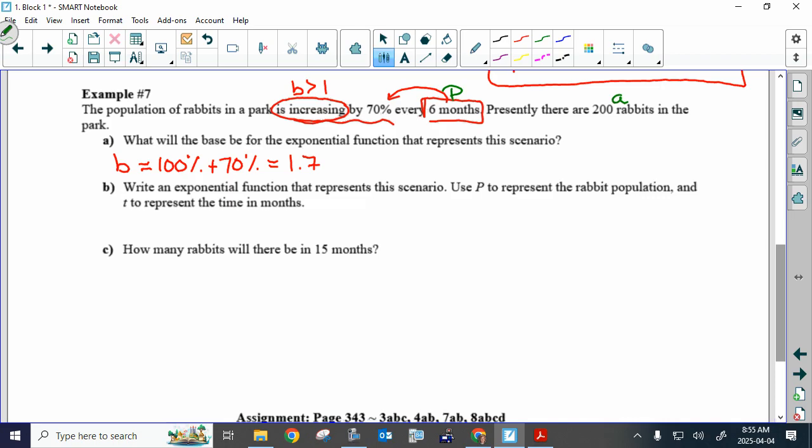So it says, write an exponential function that represents this scenario, where p is the rabbit population and t is the time in months. I'm going to put all the details together. So population as a function of t is equal to, I'm starting with 200, my rate of growth or decay is 1.7. It's specifically increasing, so it's got to be above 1. And then I don't know my t-value, but I do know that my period is 6.